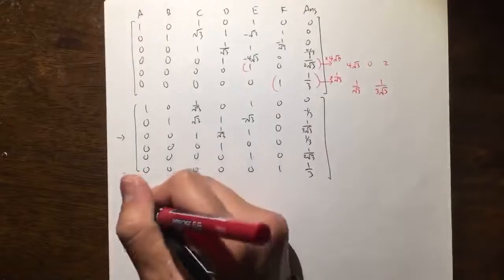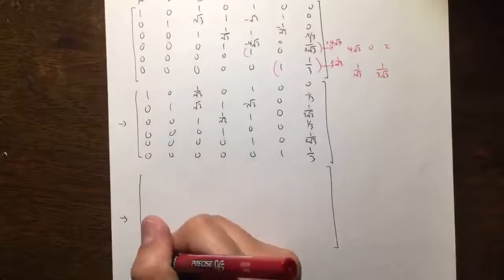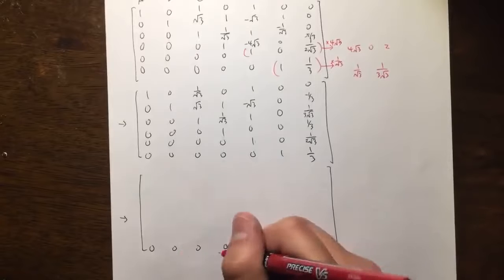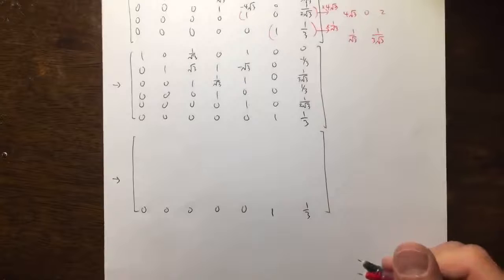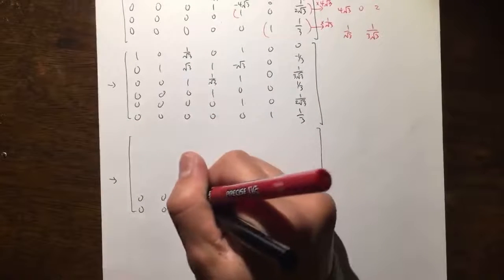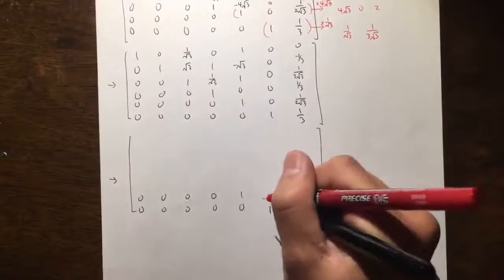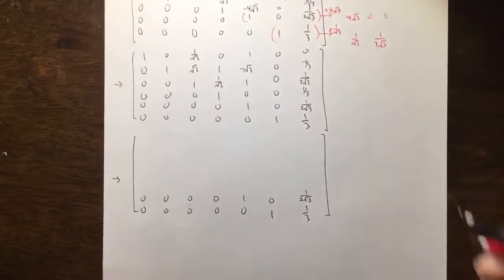So to do that, once again, I'm going to do it from bottom to the top. This right here is all good, so we have 0, 0, 0, 0, 0, 1, and then 1/3. And then this row is also good, so I will write it down: 0, 0, 0, 0, 1, 0, 1 over 2 square root of 3.